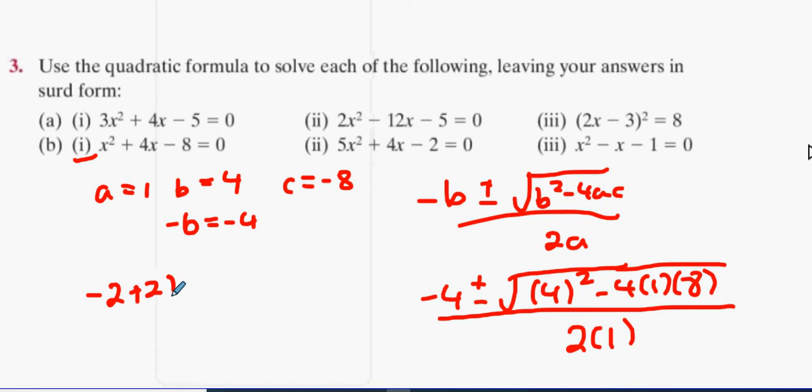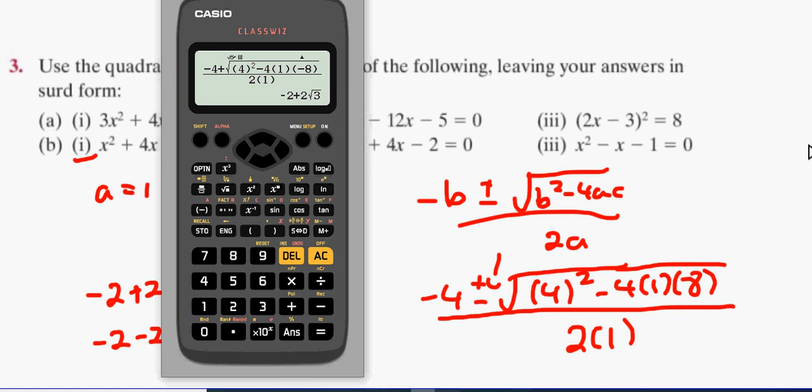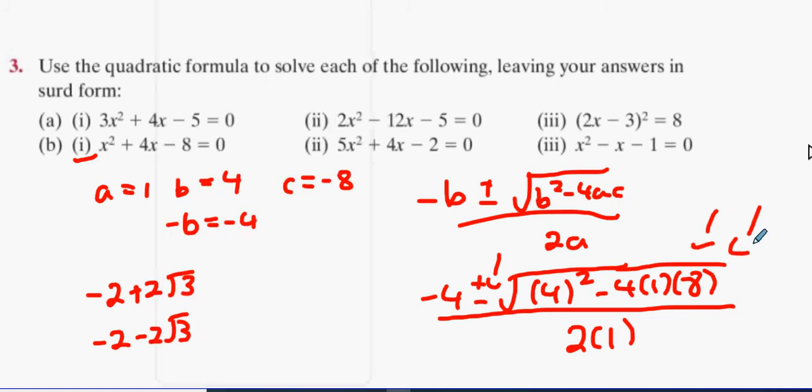I know straight away the other answer is minus 2 minus 2 root 3. Why? All we're going to do is change it into a minus. But nonetheless, for those of you that wouldn't like to do that, press the right button, delete it, press minus, and you're done. You have to write this part down, otherwise you get no attempt marks, okay? You can go from here to here, no bother.